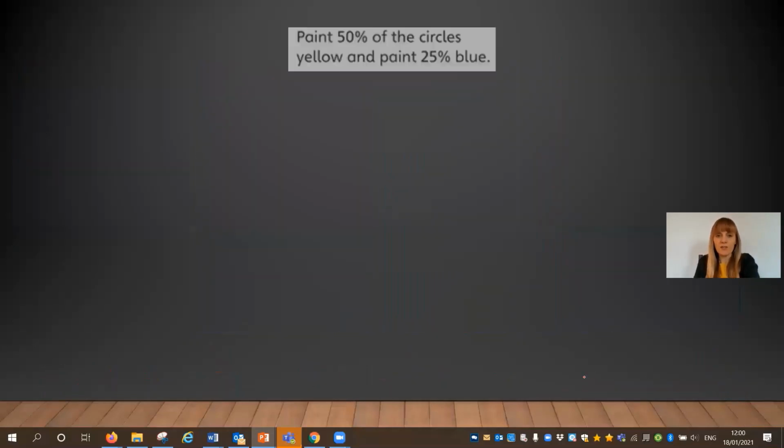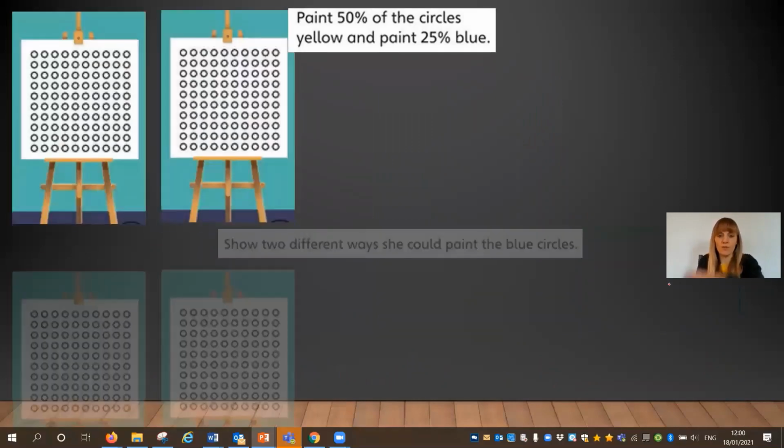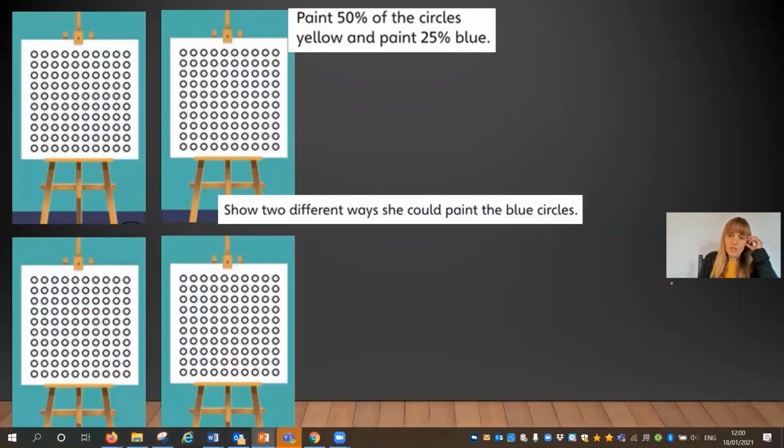Now let's have a look at the next one, where it's saying we want to work out what 25% are blue. It's actually asking us to show two different ways that we could paint the blue circles. Let's just think to ourselves for a minute. 25% is the same as 25 out of 100, isn't it?